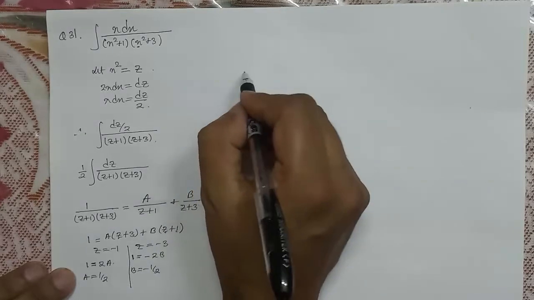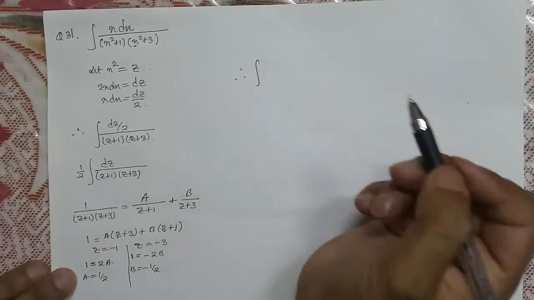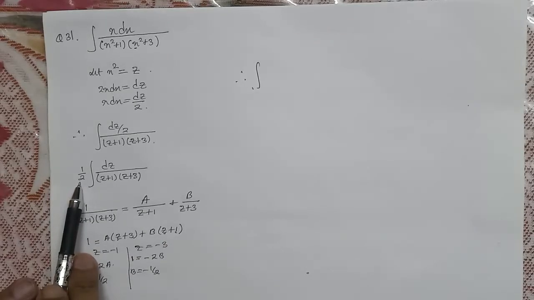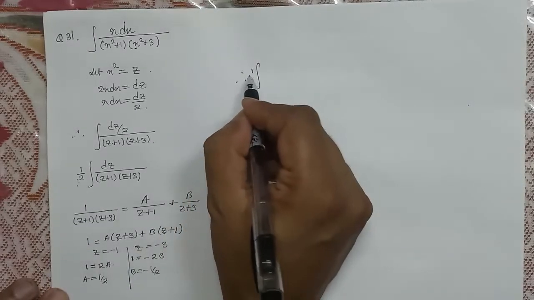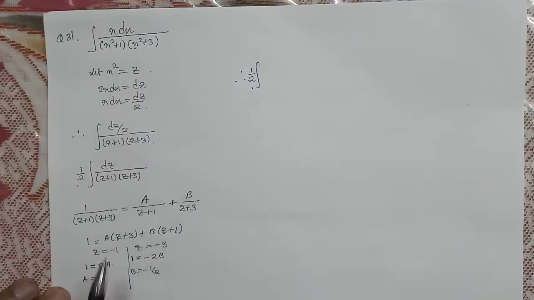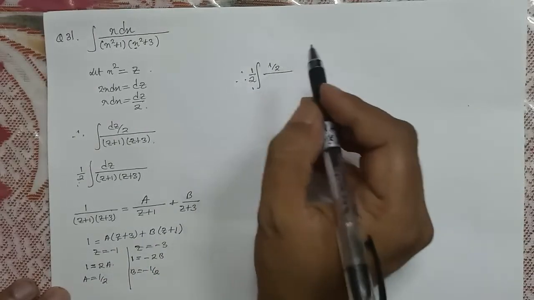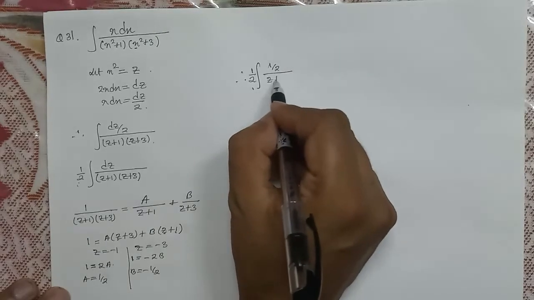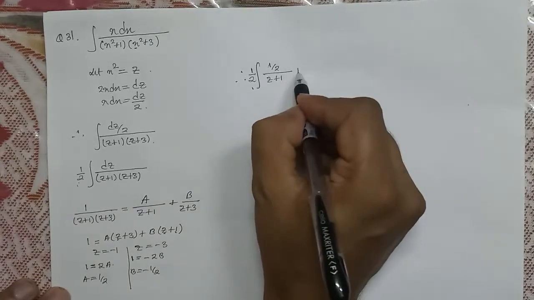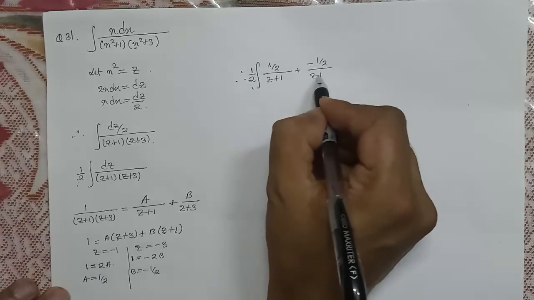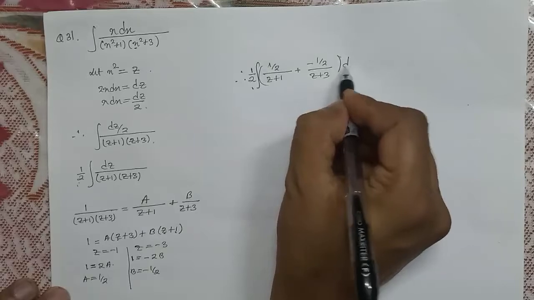Therefore, the integration. And just remember, if there is some coefficient in the integral, you just have to mention it over here. Now the coefficient of the integral, the constant term, is half. So I'll write half first, then substitute the value of a: half over z plus 1, plus b, which is minus half over z plus 3, dz.